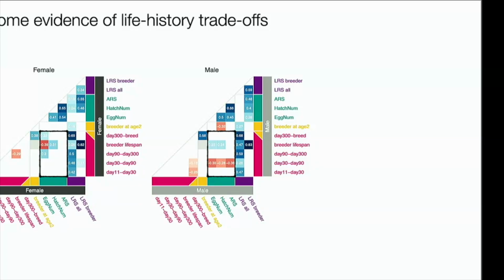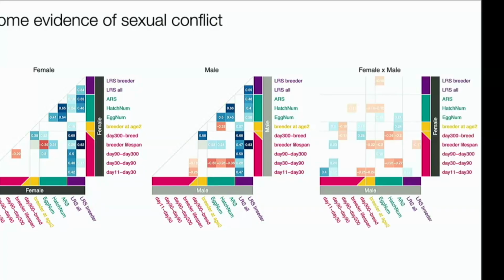And if we look at differences between females and males, we find a large number of negative correlations. So there may be evidence of sexual conflict operating across the entire genome.